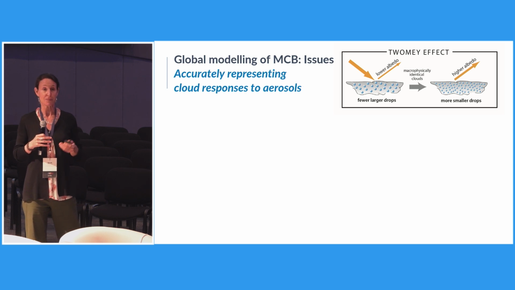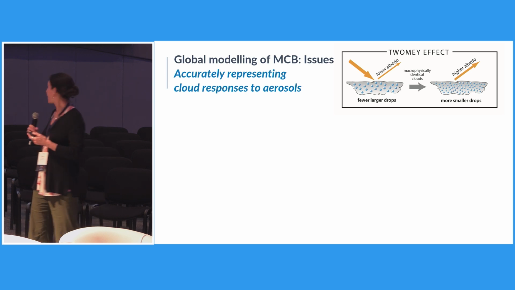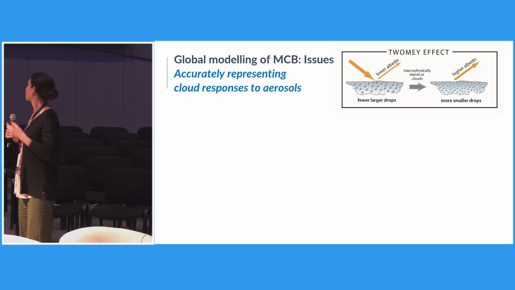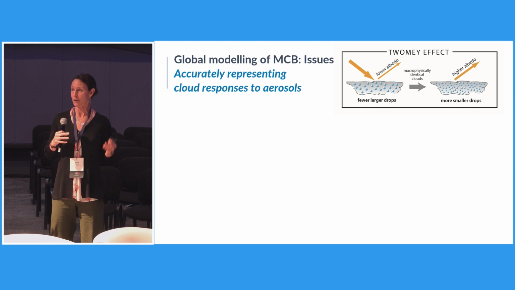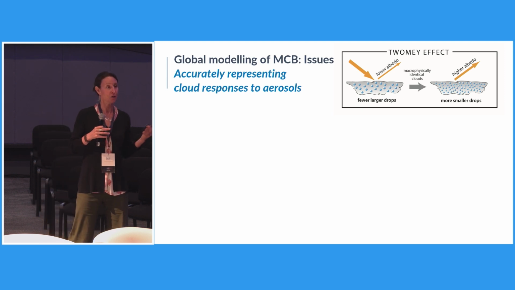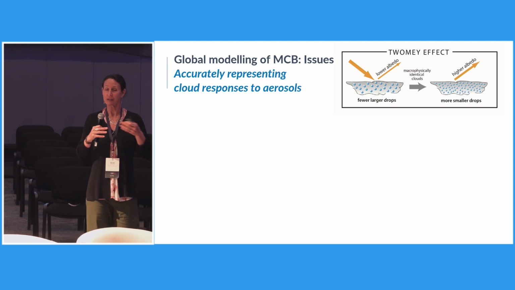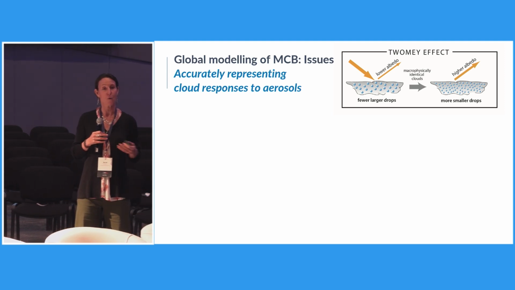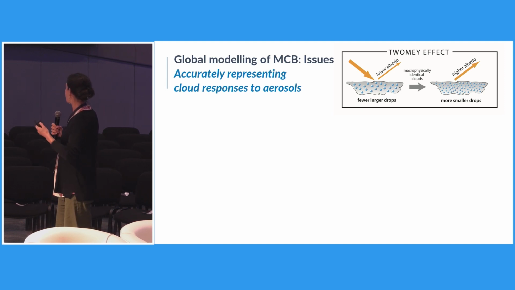There aren't many of them, so you get a small number of large droplets. With marine cloud brightening, or in ship tracks, or with any pollution aerosol mixing into these clouds, you now have more particles for that water to condense on. You end up with the water condensing over a larger number of droplets. You have a large number of small droplets. That basically increases the surface area of water in the clouds, and it's that surface area of water that reflects sunlight. And so it makes the cloud brighter.